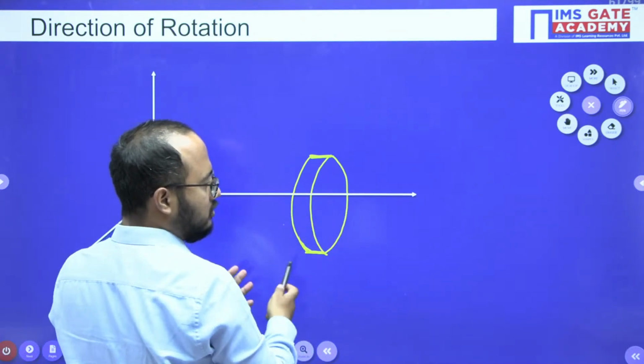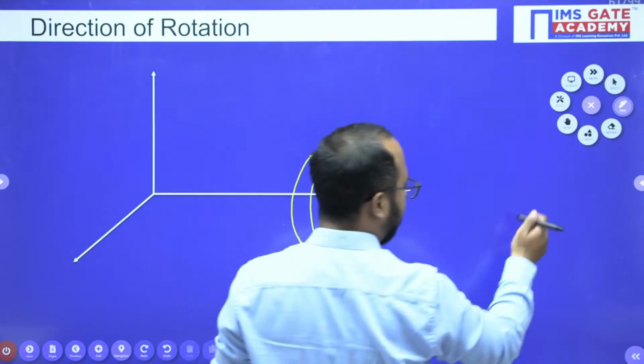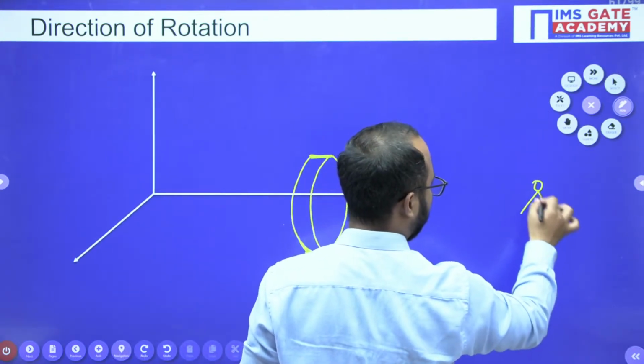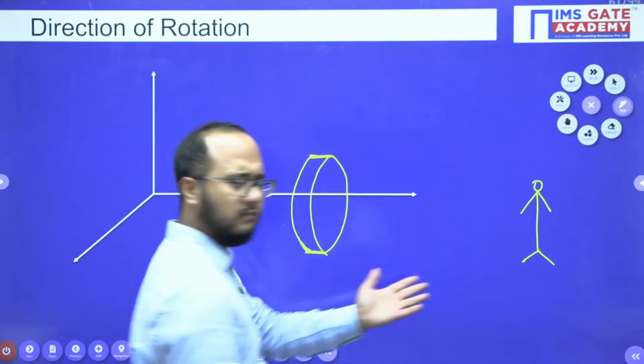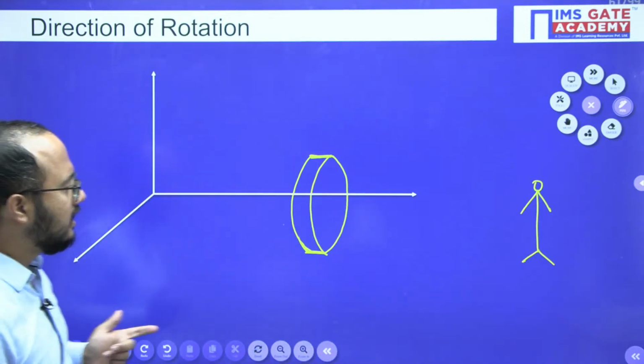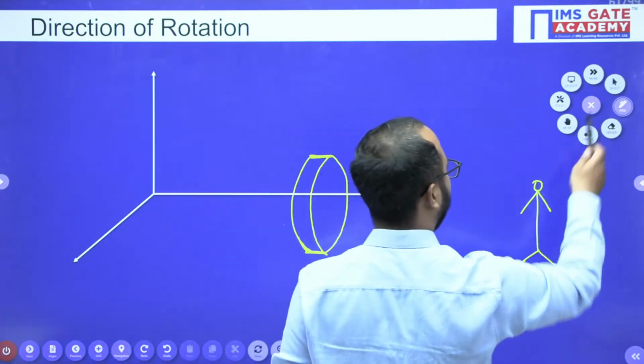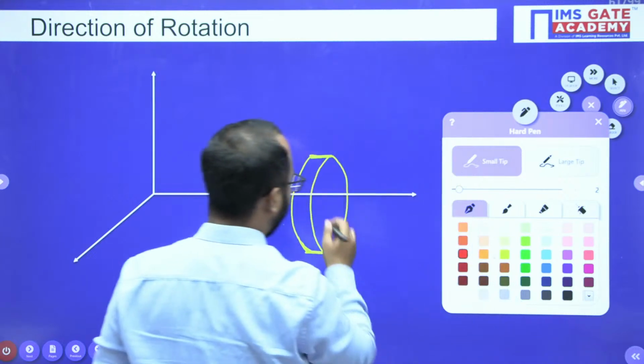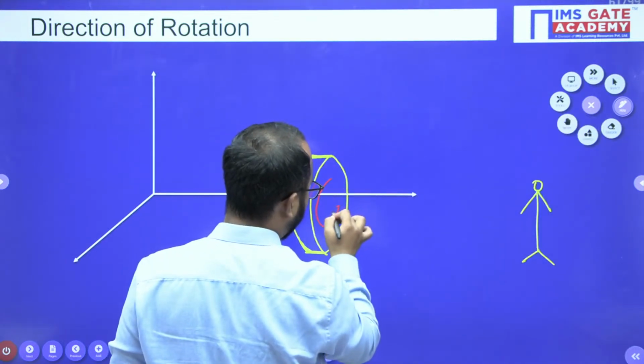Now let's suppose you are observing this rotor from this side, the right hand side, and this will be the left hand side, and they have mentioned that it is having anti-clockwise rotation.